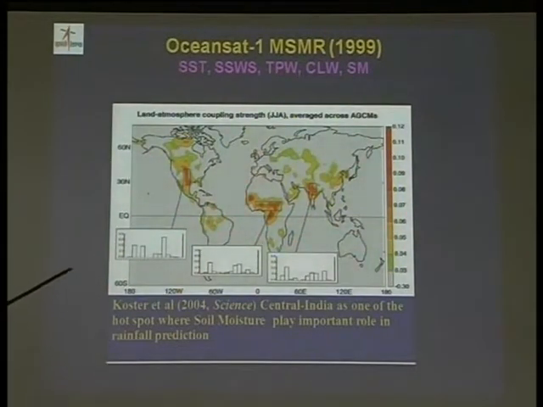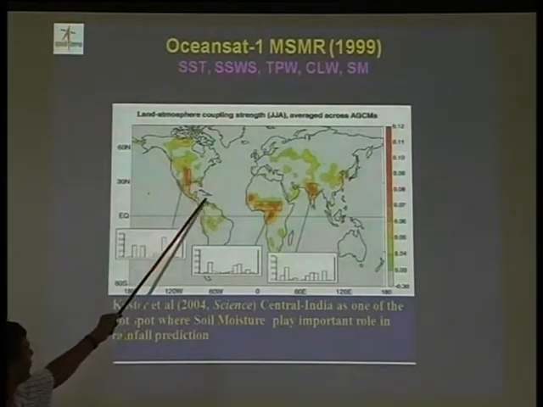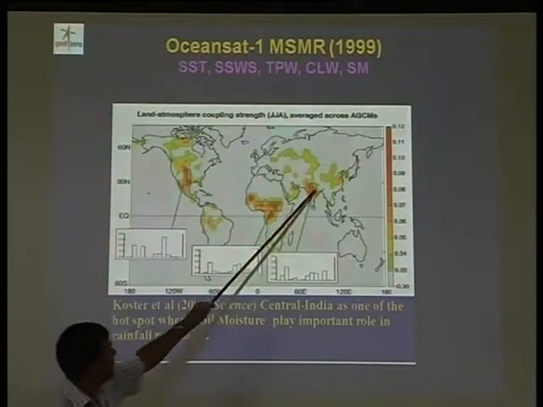So one of the products, soil moisture, we assimilated in the model, because this is a study by Koster in Science, which shows that soil moisture has very high sensitivity to rainfall prediction in these regions where you see the red color. These are the hot spots. So India is one of them.